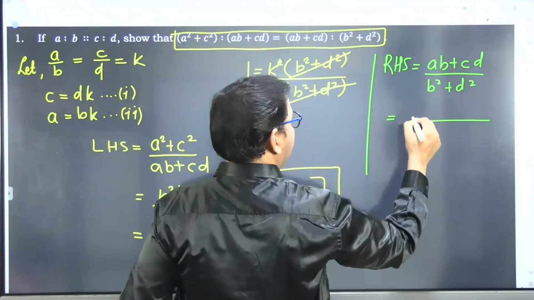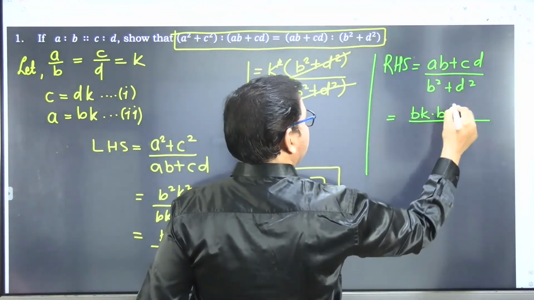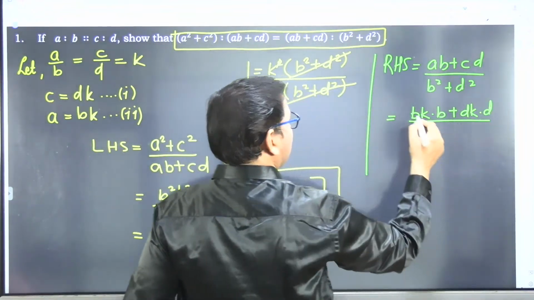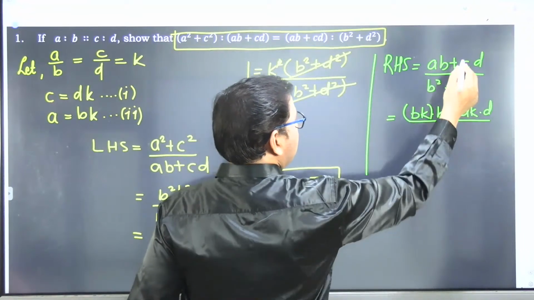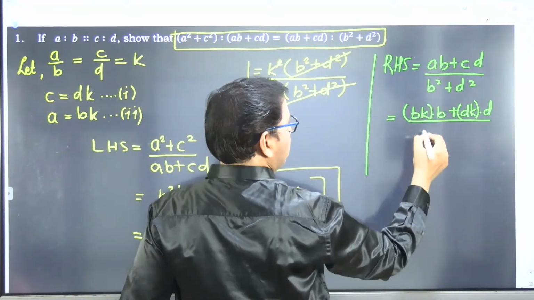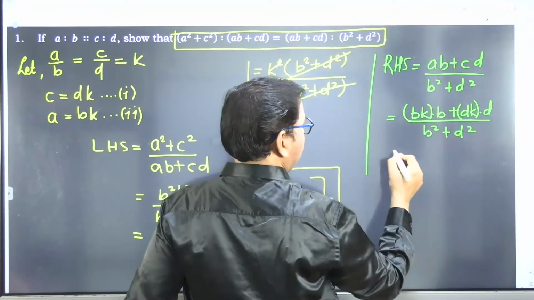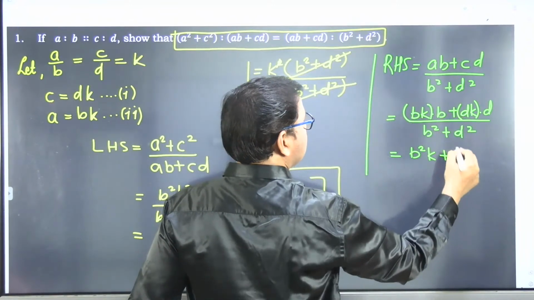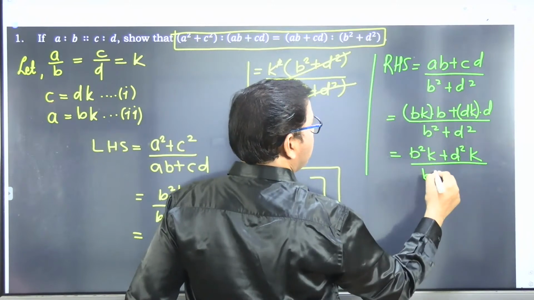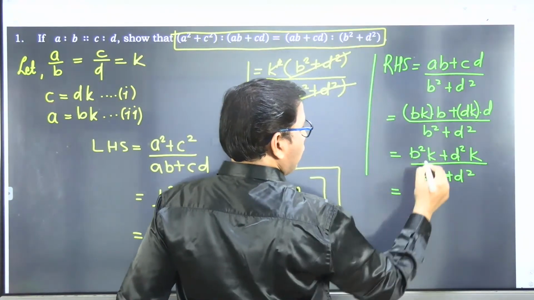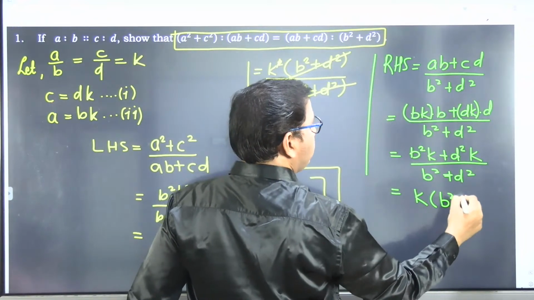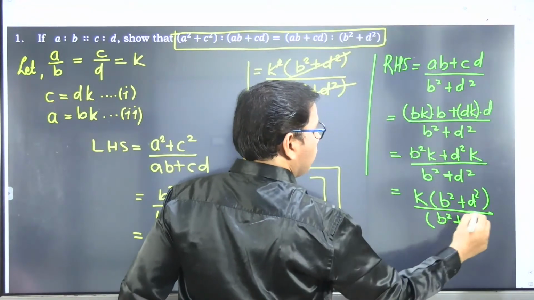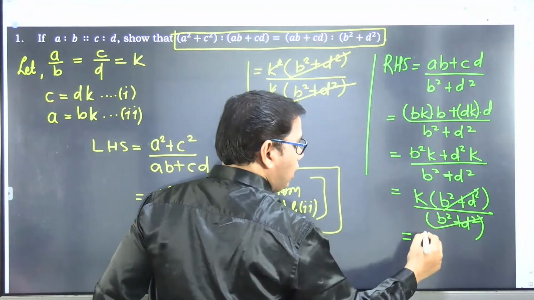Look here, A is BK into B plus CD. C का value है DK into D. ओके, ये है A का value, A into B, और C का value है DK into D, upon B square plus D square. So what my numerator becomes, it becomes B square K plus D square K upon B square plus D square. Numerator से K common निकला तो बचा B square plus D square. Denominator में भी same B square plus D square. B square plus D square cancel और बचा K.